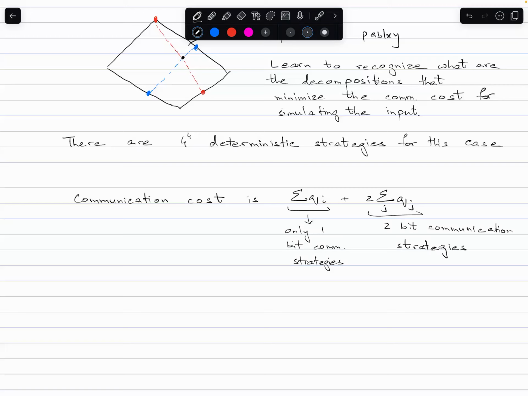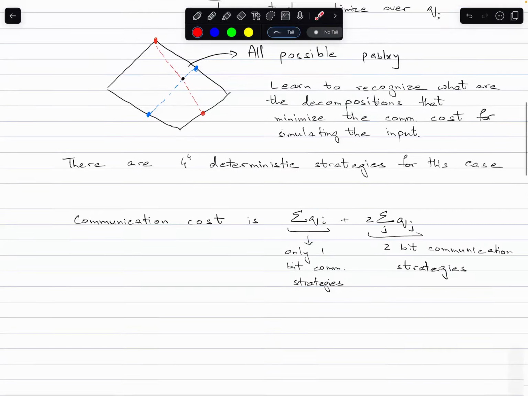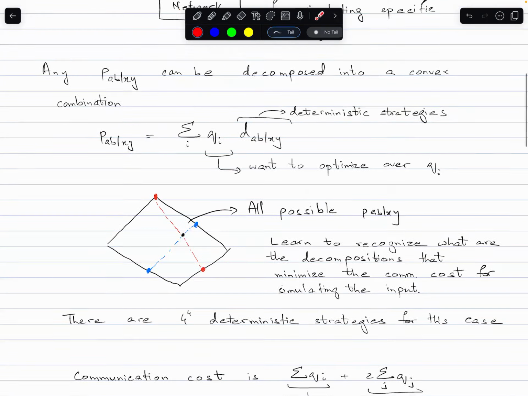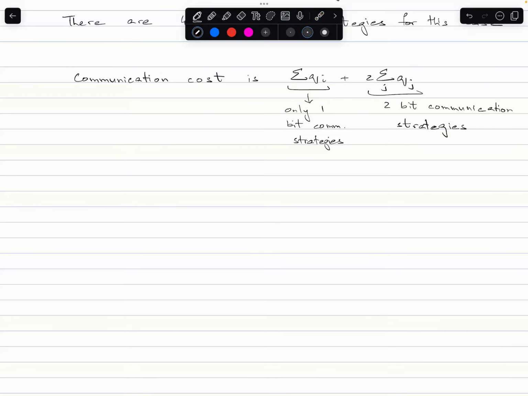So the idea is essentially, in some sense, you've got multiple possible choices for these Q sub i's and Q sub j that may give us a decomposition that's close enough to P of AB given XY. So one thing is we find the Q sub i's and Q sub j that give us 2 things.